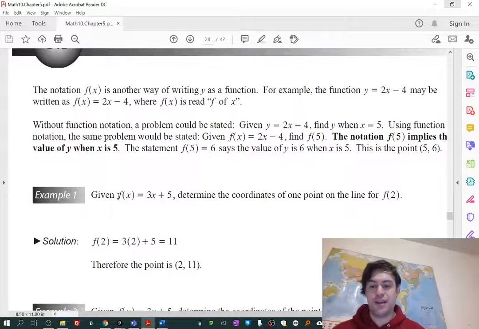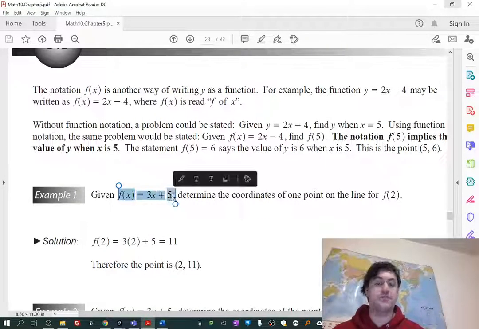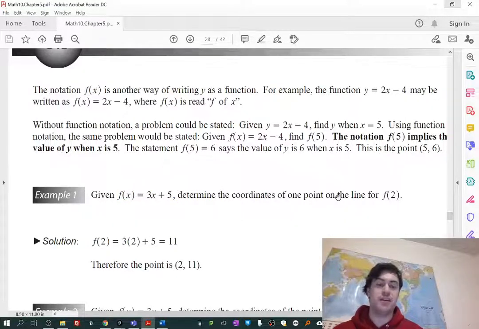Here's a great example. F of x equals 3x plus 5. If that is our function, then we're supposed to find one point on the line for f of 2. In other words, the x coordinate is 2. What is the y coordinate? Well, I just plug 2 in here, and we'll find the corresponding y value.